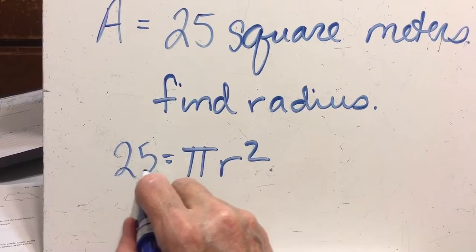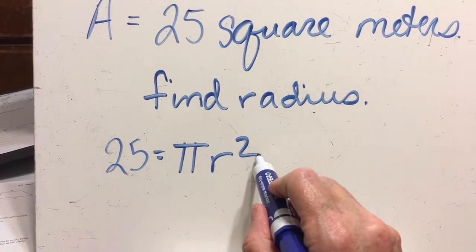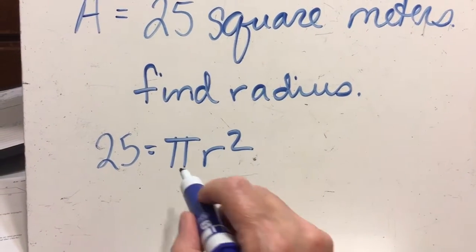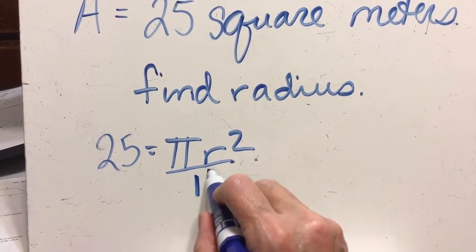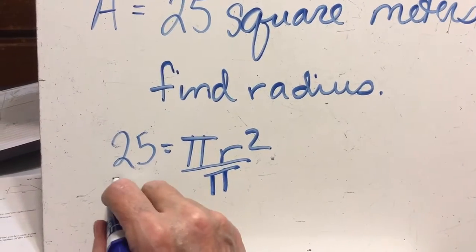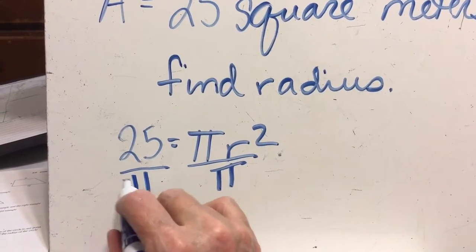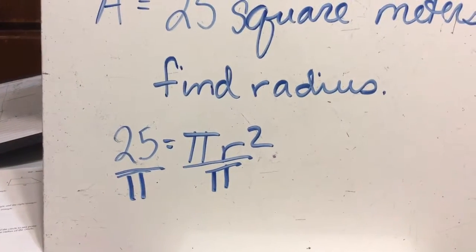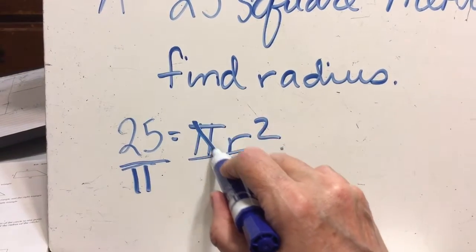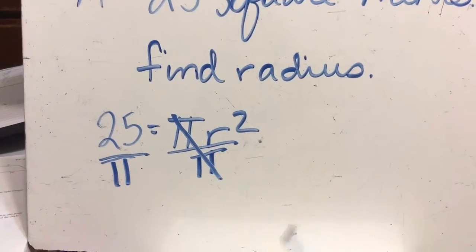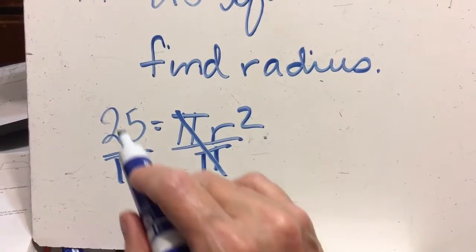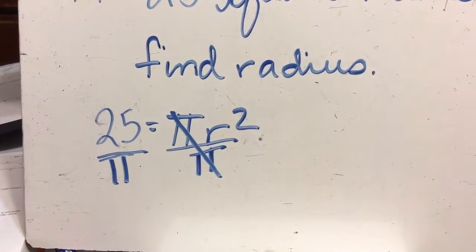So what can we do to find the radius? Well, the first thing we're going to do is divide both the right-hand side and the left-hand side by pi. So now, when the pi's go away, we can cancel. We end up with r squared is 25 divided by pi.